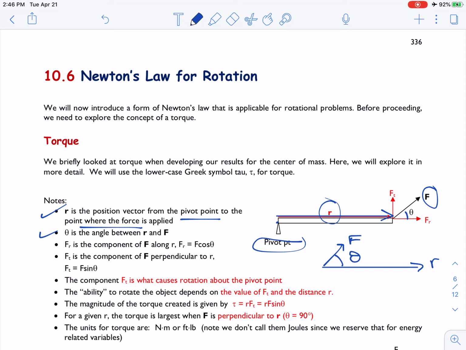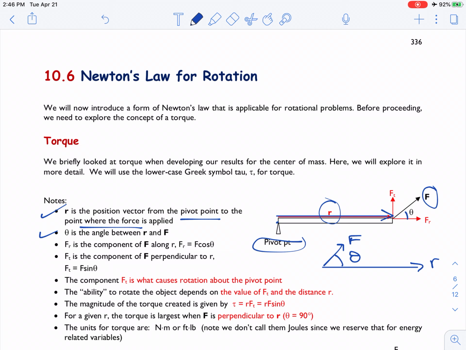And that F has two components. We are calling them FR and FT. FR is the radial component, FT is the tangential component, very similar to the velocities and accelerations that we discussed earlier. FR is the component of F along R, so that's why it's called the radial component.